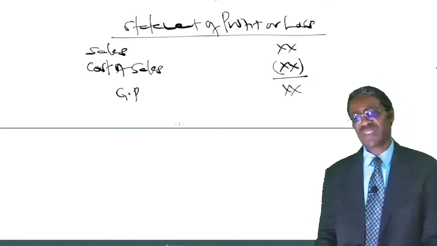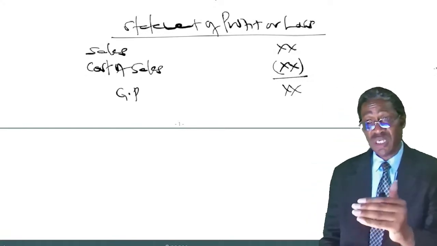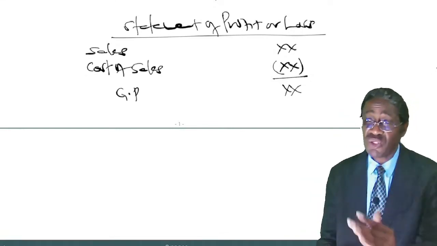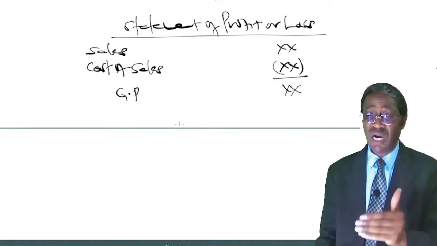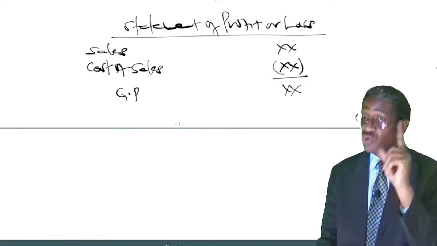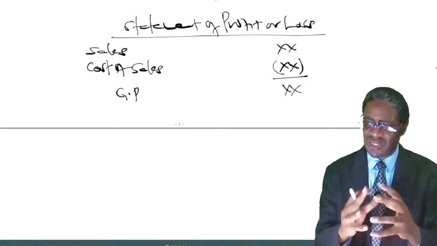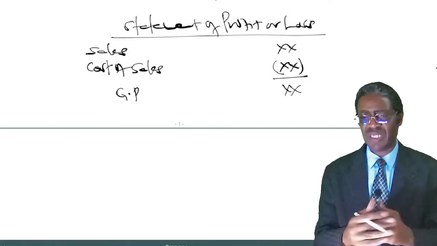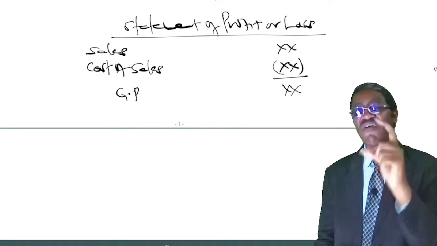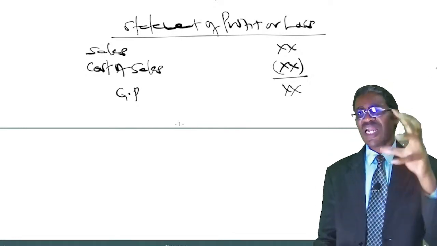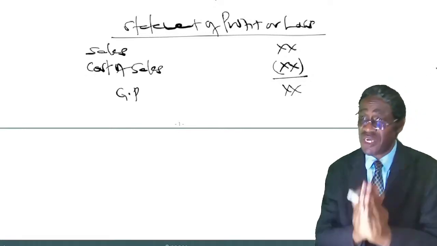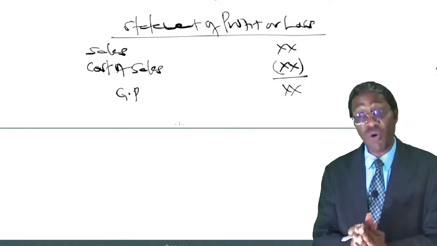You don't come and say less depreciation, salary, postage, insurance, maybe electricity, telephone, and so on. No. All expenses should be classified according to their function. Classify all your expenses according to the function those expenses are performing in your organization.